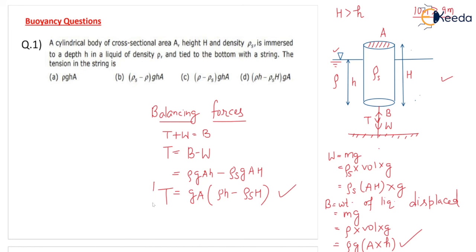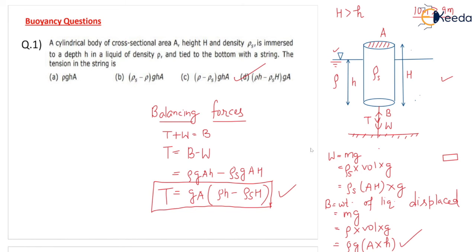Now try to find which option it matches. It matches option D, rho h minus rho s H into g. So D is the right option.